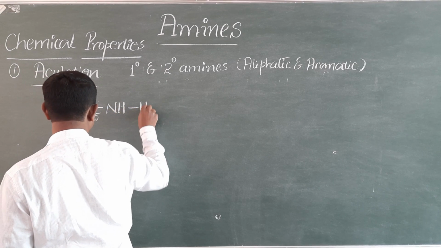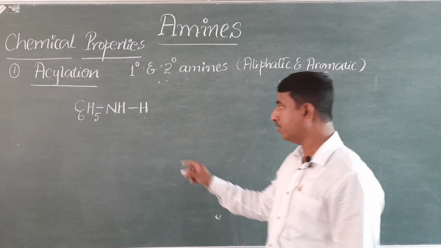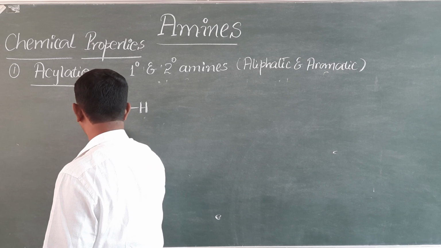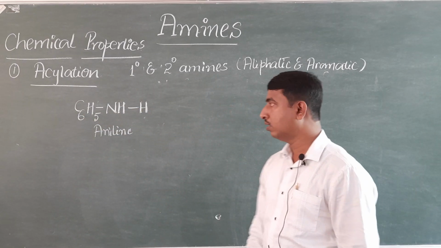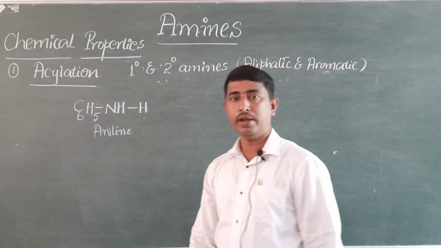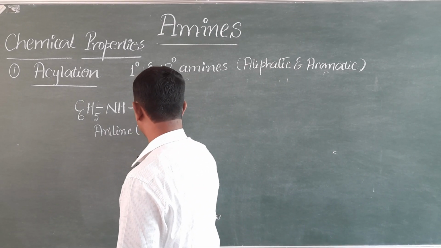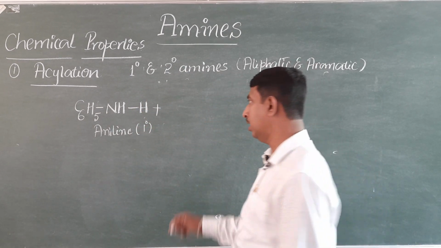NH2 can be written like this because we have to remove hydrogen during acylation. So one hydrogen, I will write separately. This is aniline, also called benzenamine, and this is an aromatic primary amine.